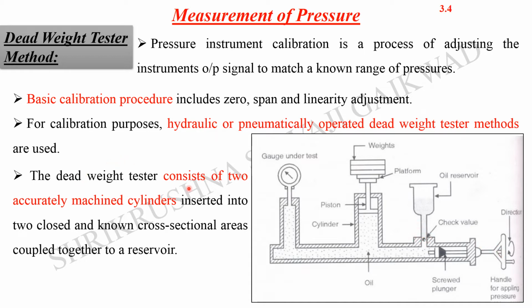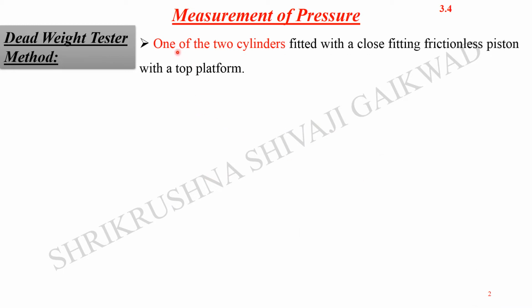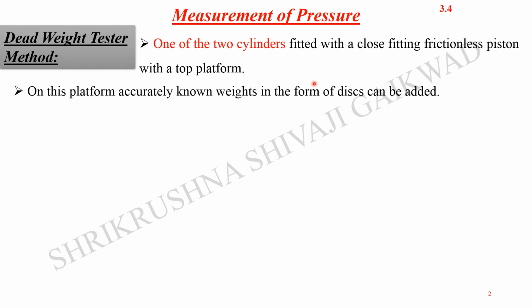The dead weight tester method consists of two accurately machined cylinders, inserted into two closed cylinders of known cross-sectional area, coupled together to the oil reservoir. One of the two cylinders is fitted with a close-fitting frictionless piston with a top platform.